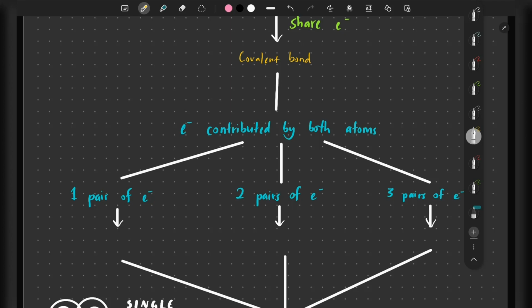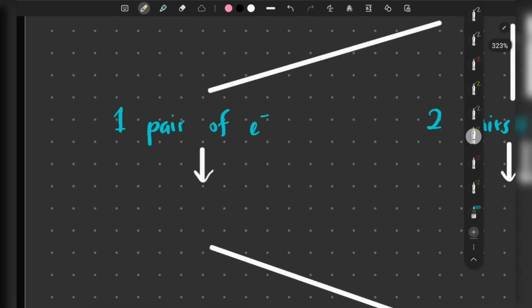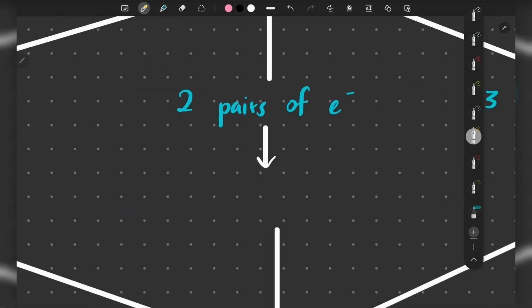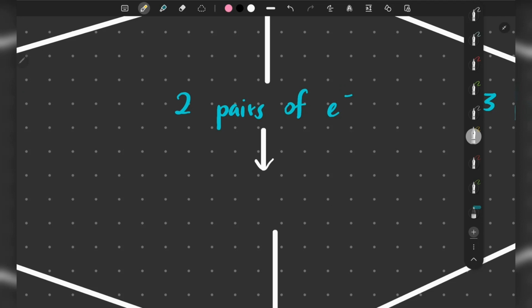Okay, so the three types of covalent bond: if there is one pair of electrons shared between both atoms, it is called a single bond. Meanwhile, if there are two pairs of electrons shared by both atoms, it will be called a double bond.